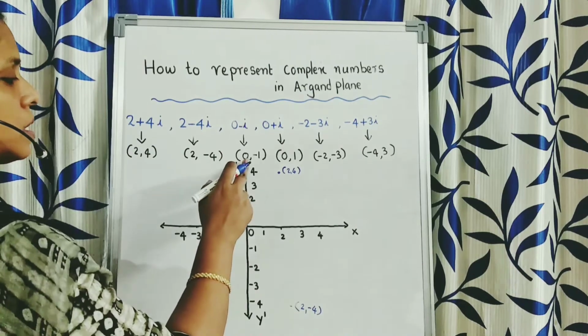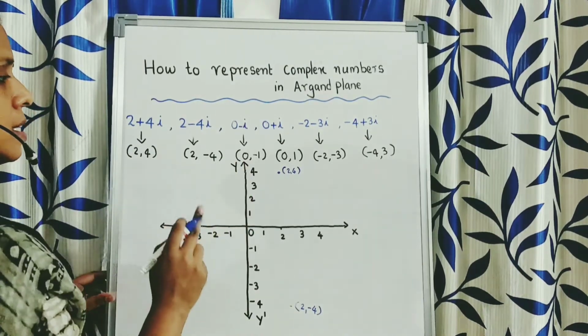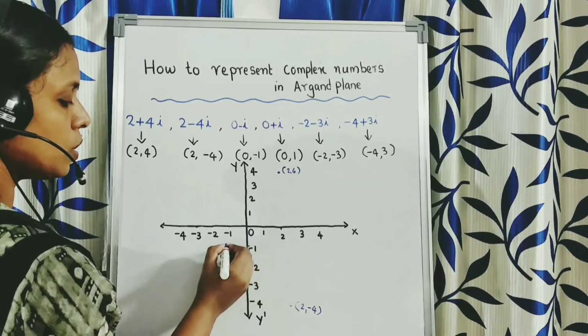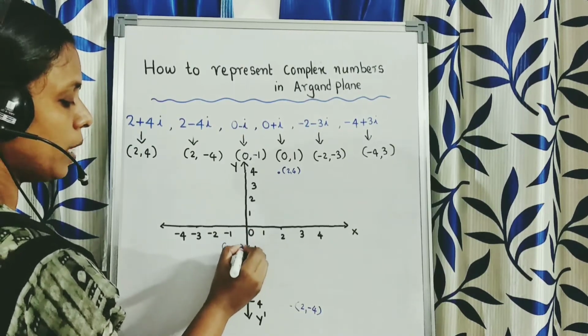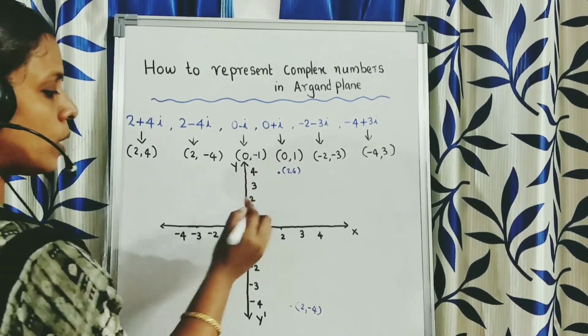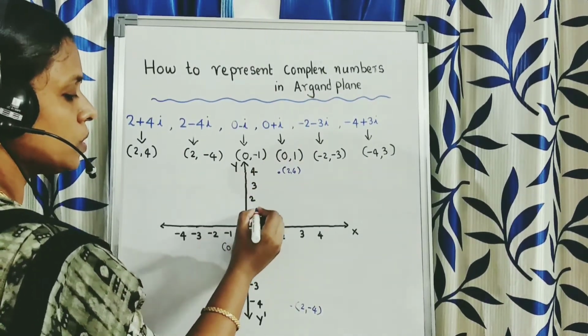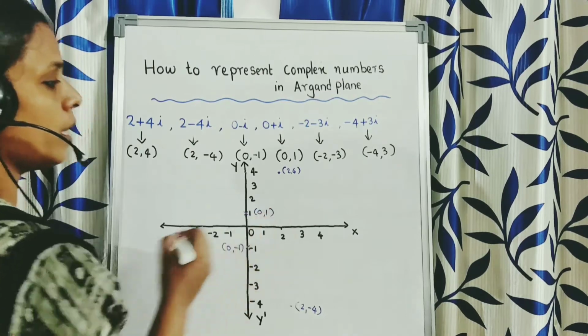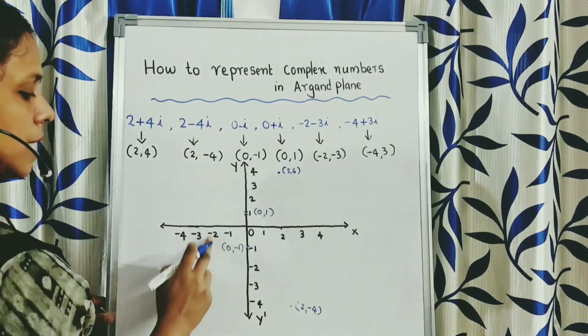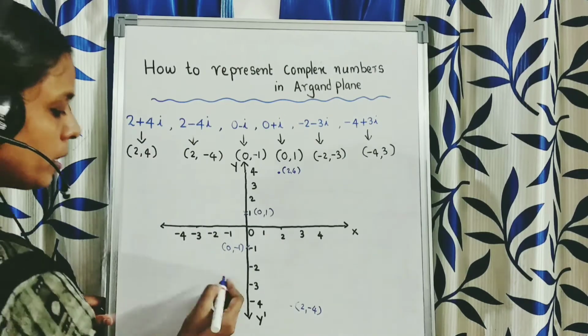Next we represent 0, minus 1. X is 0, y is minus 1, so it is here. Next is 0, 1, which is here. Next is minus 2, minus 3: minus 2 is x, minus 3 is y, and the point is here.